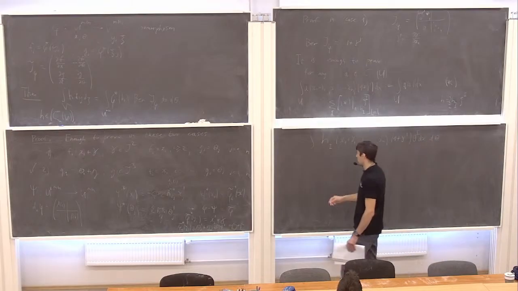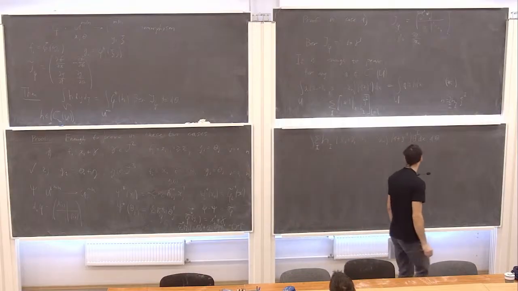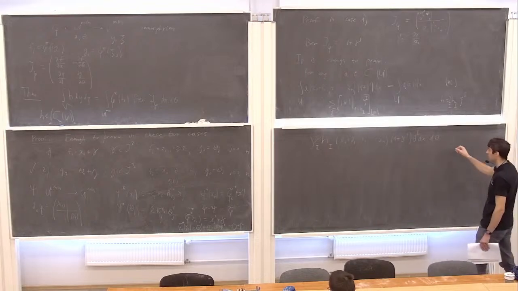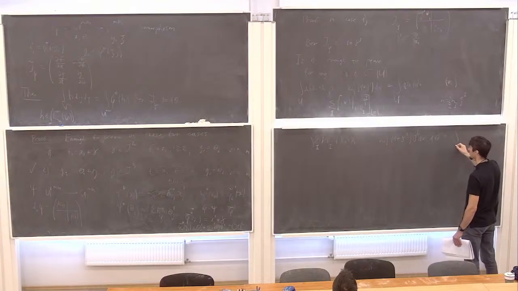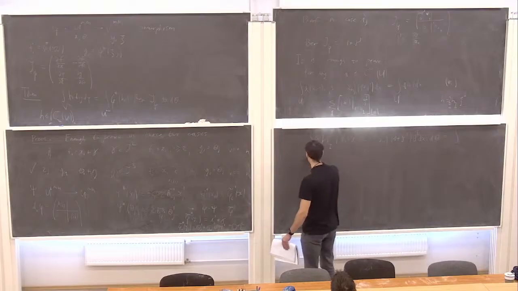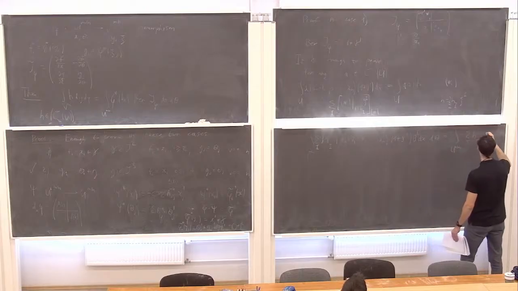Значит, и сумма по i. И я хочу, чтобы это равнялось интегралу по u, сумма по i, h, i, t, тета, i, t.